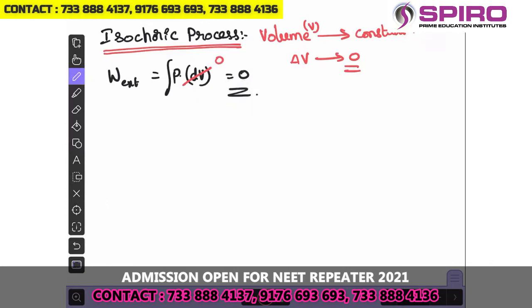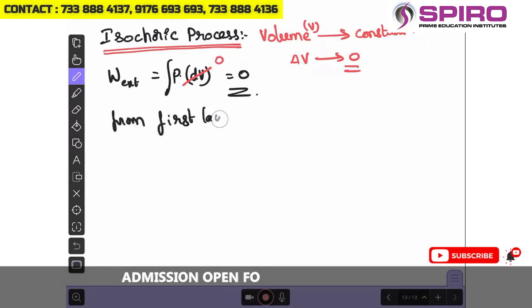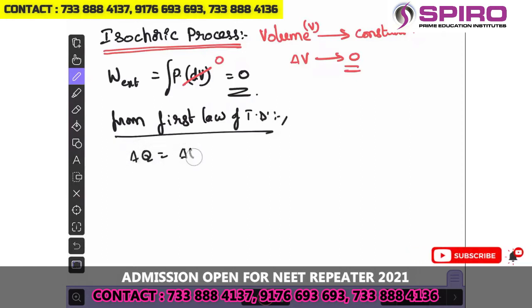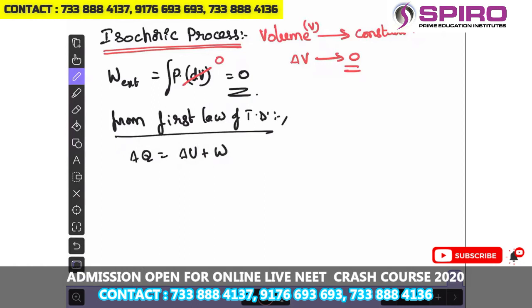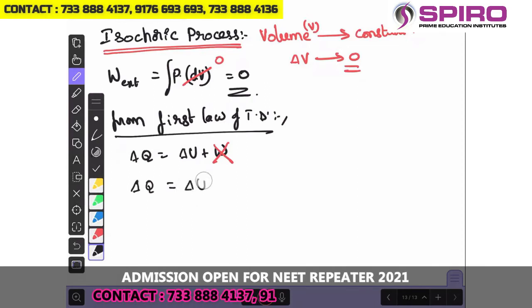Okay, no external work. If no external work, you see this according to the first law of thermodynamics, it can be written as delta Q equal to delta U plus external work. Being external work is 0 in this case, 100% of the delta Q is utilized for increase in the internal energy.